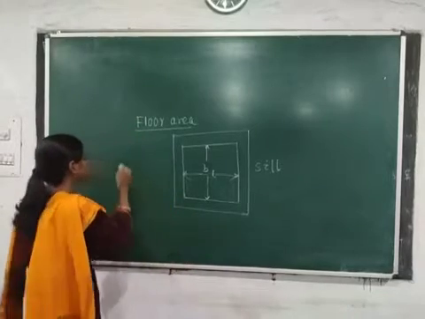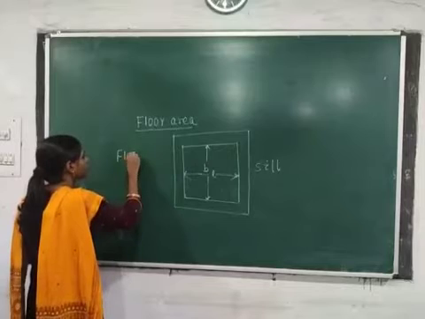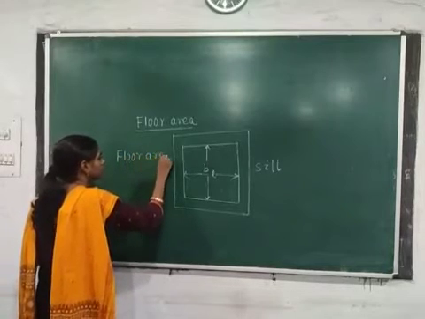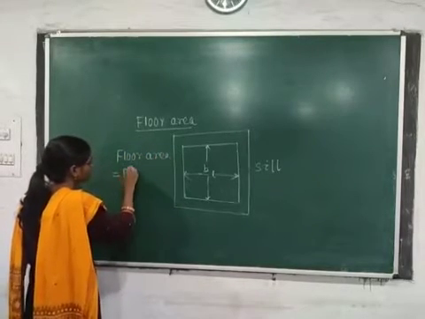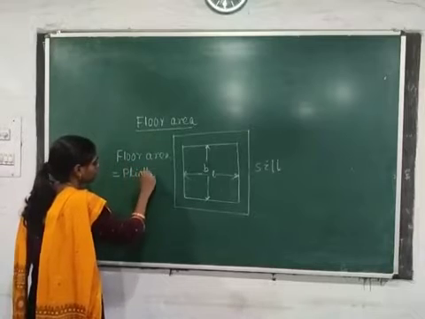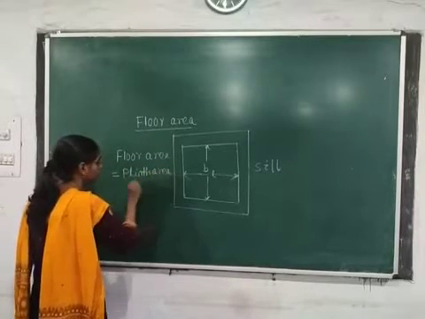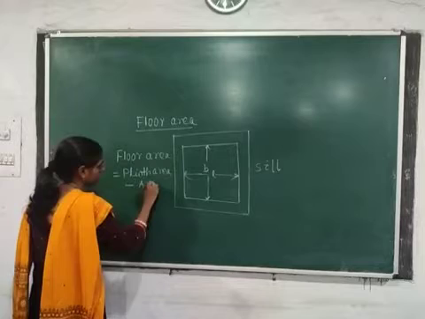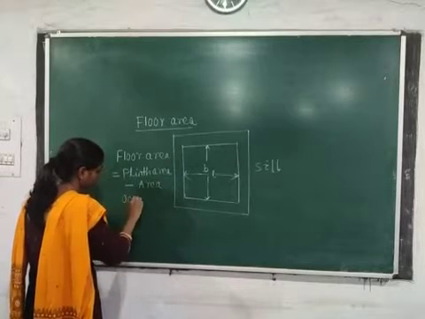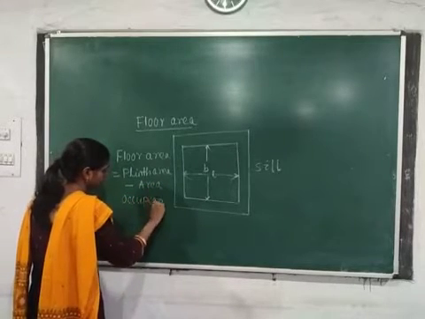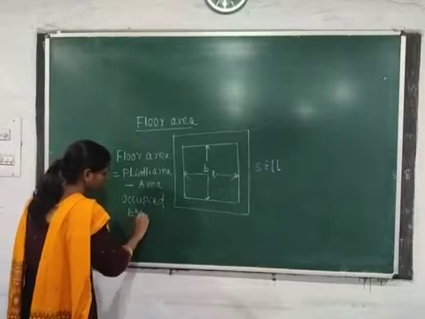So, we can write it as floor area is equal to plinth area minus area occupied by walls.